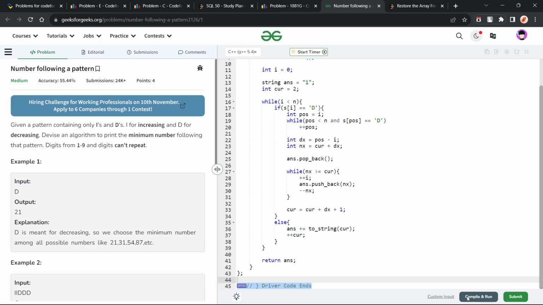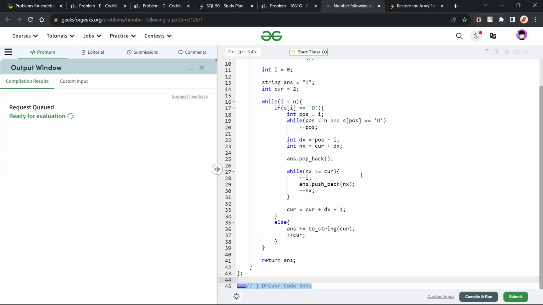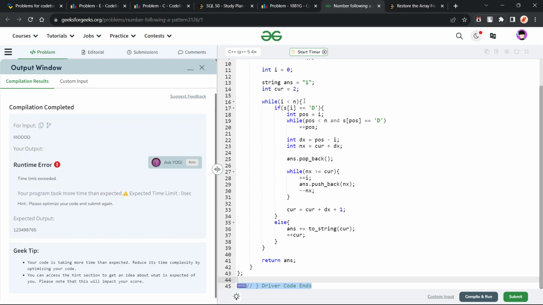Let's just compile it and check. Okay, so time limit is exceeded.